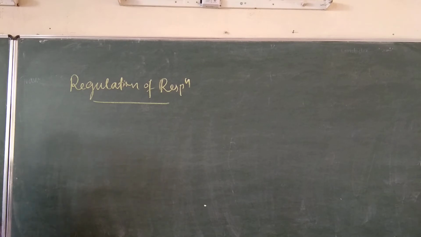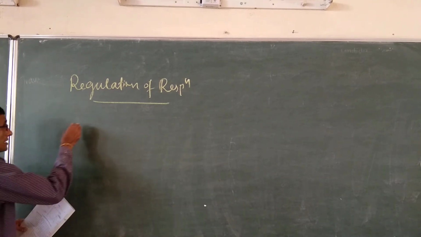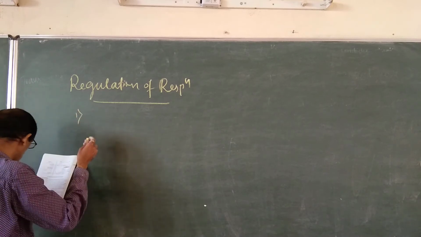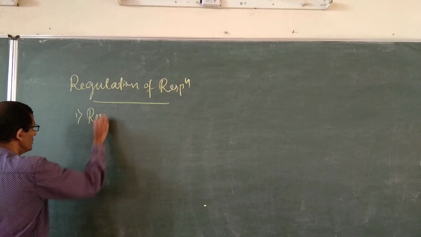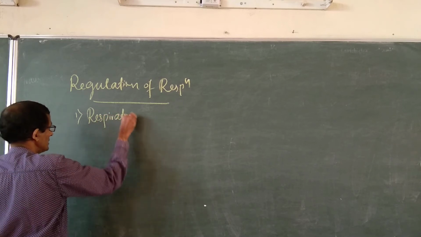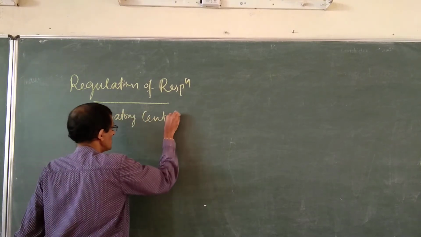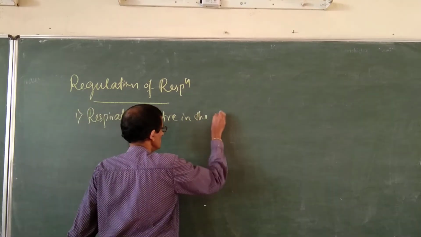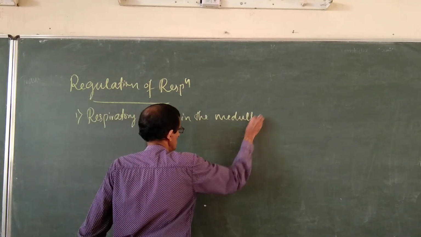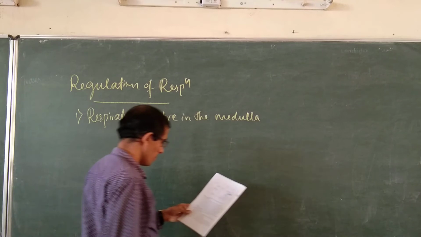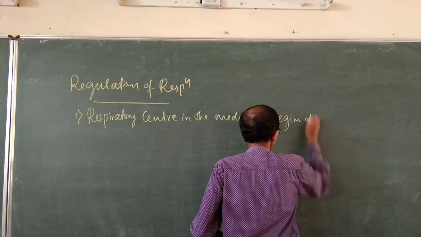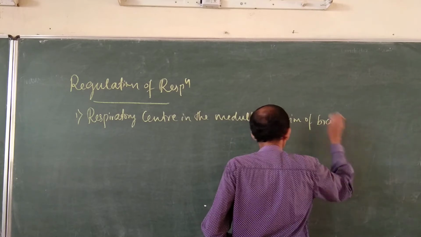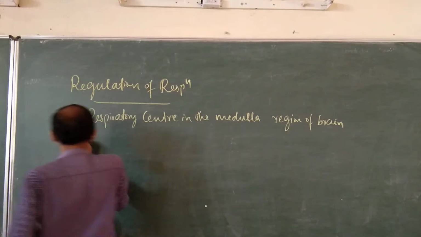So, which are the 3 different types of regulatory mechanism under respiration? The first one is the respiratory center in the medulla region of the brain.